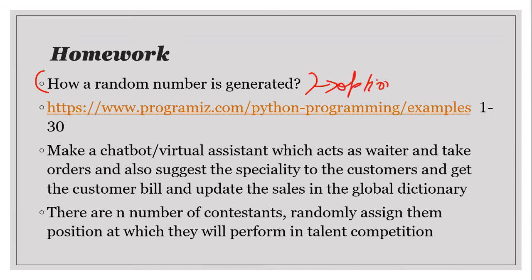So we studied the random number Python package, and we wrote a program to generate a random number. So I want you to find out how this Python package is generating a random number. This is optional, it's a research kind of question. So if you can do it, I'll be very happy.